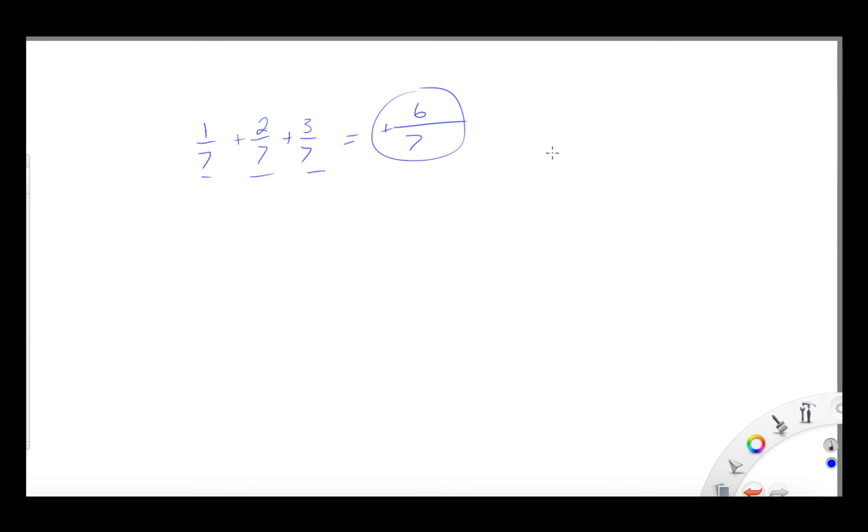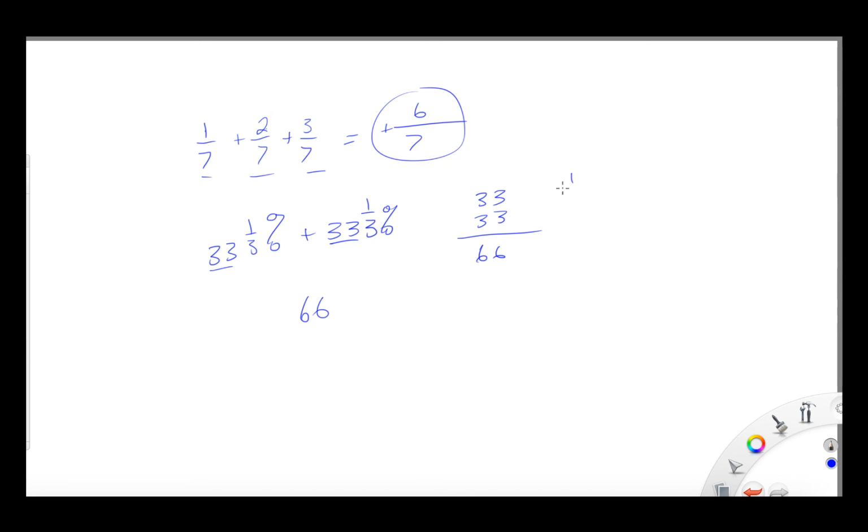Okay, now what about the percentages? Okay, so B says add 33 and 1/3% plus 33 and 1/3%. Well, we're going to add the two outside numbers, and 33 plus 33 is equal to 66. So we know that 66 is our large number.